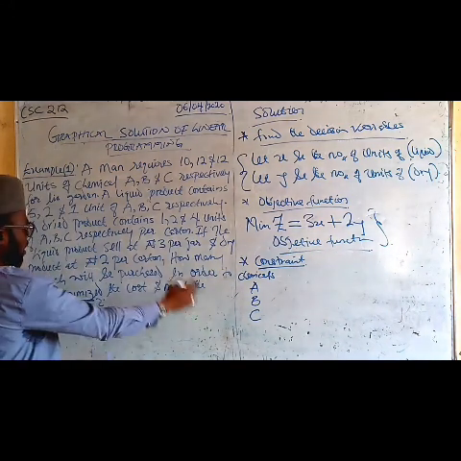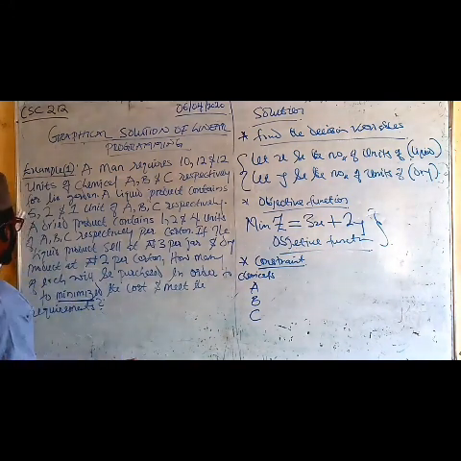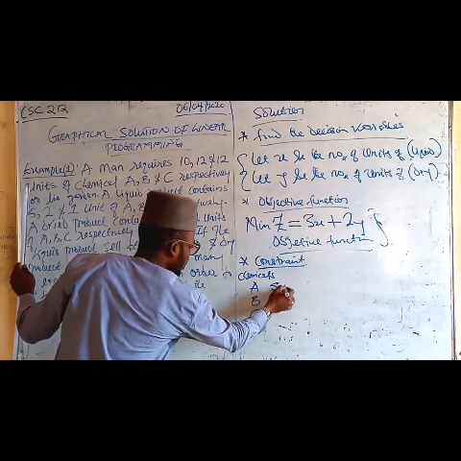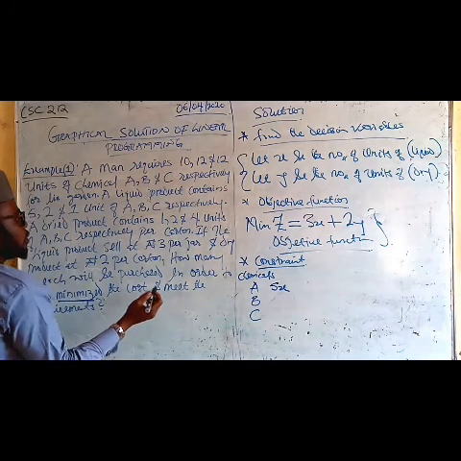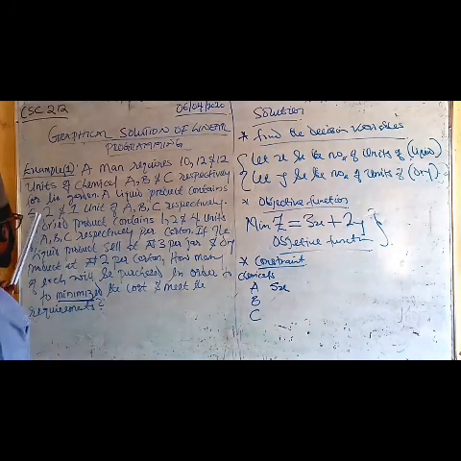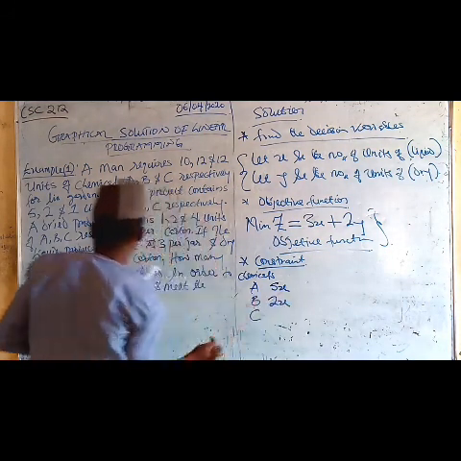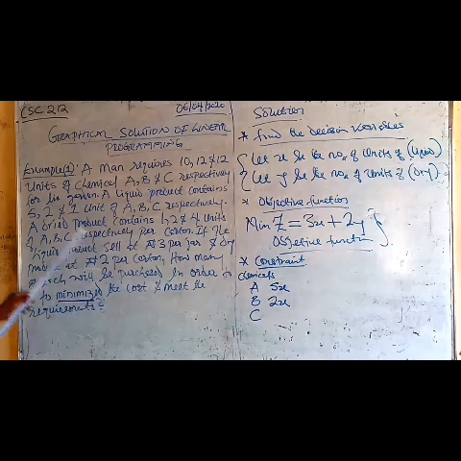So chemical A contains 5 units of the liquid product, chemical B contains 2 units of the liquid product, and chemical C contains 1 unit of the liquid product.